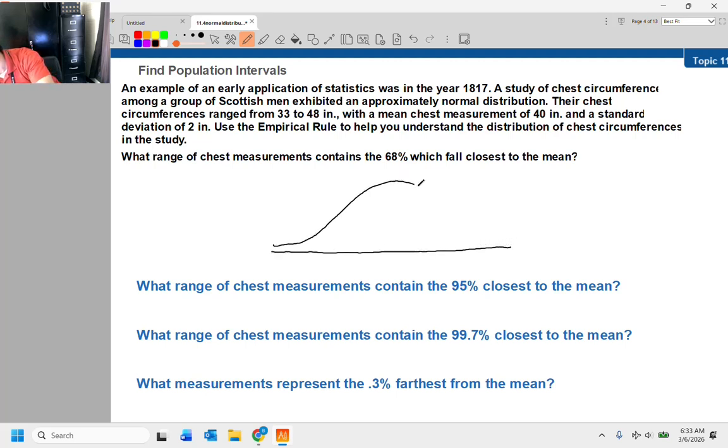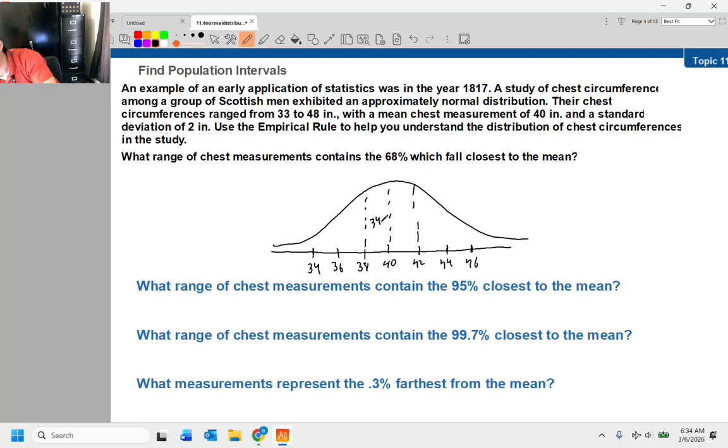Just a curve. Looks like a bell. You have the mean, which in this one is 40 inches. We have a standard deviation of 2, so the next guy would be 42, 44, 46. We just go out 3 places. 38, 36, 34.